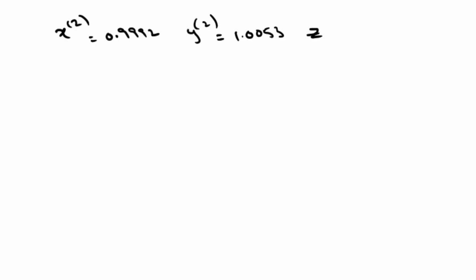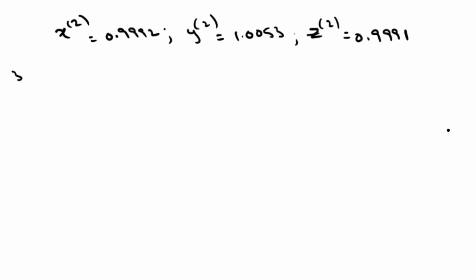Now in the third approximation, the values are: x of the second approximation is 0.9992, y of the second approximation is 1.0053, and z of the second approximation is 0.9991.